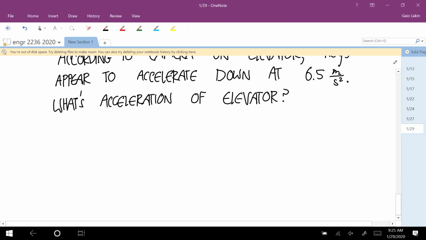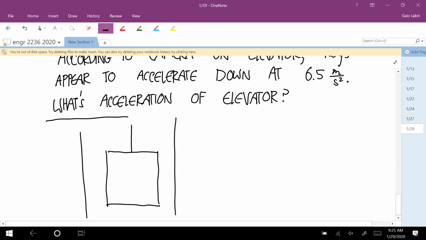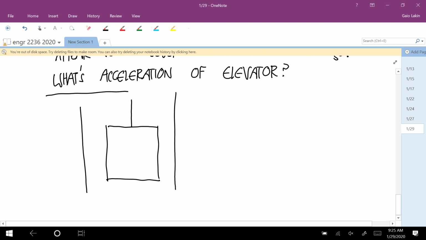Okay, so there's the elevator. Here's the sides of the elevator shaft. And what we're imagining is up here, we have a camera in the corner of the elevator that really, to us, is a coordinate system.